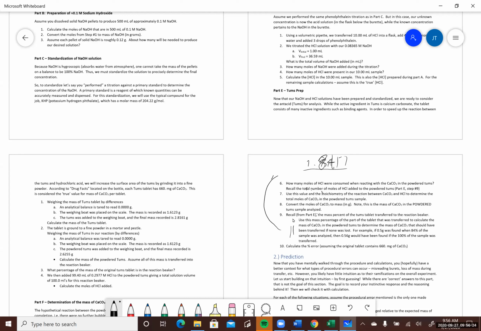I should have used 100%. And I found using 84% that that sample contained 0.5505 grams of calcium carbonate. And so how much would it have been for 100%, and then you can solve for X. And so that ought to give you a little help on answering that part.